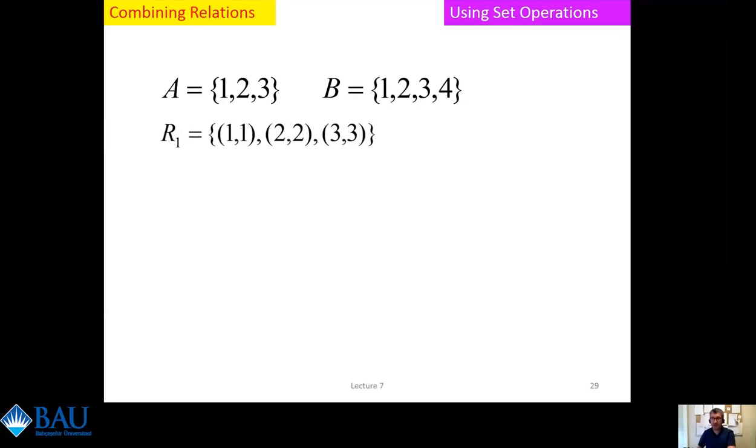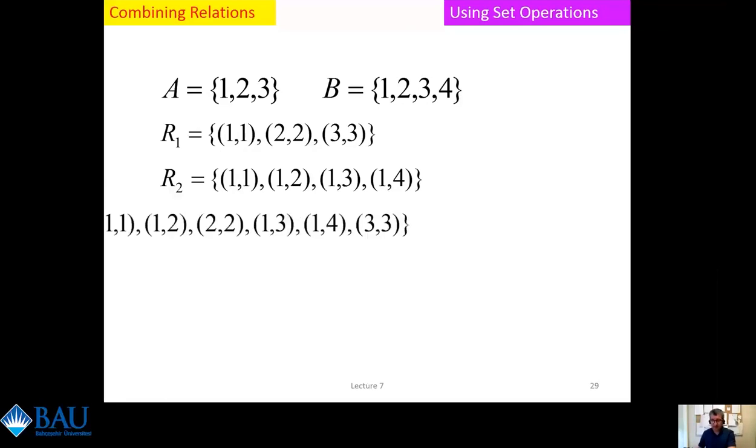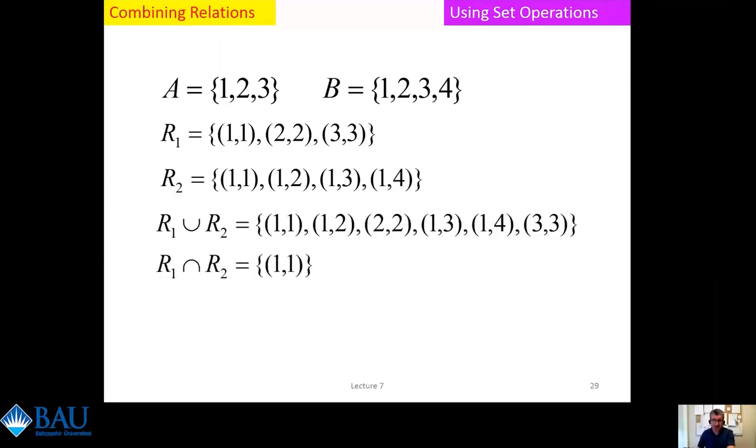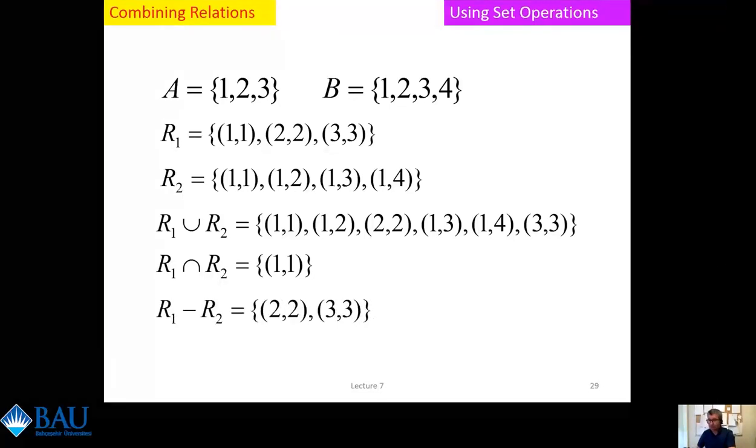Let us say R1 is a relation on a set A, R2 is a relation on a set B. You can find union, intersection, and any operator between them if you want.